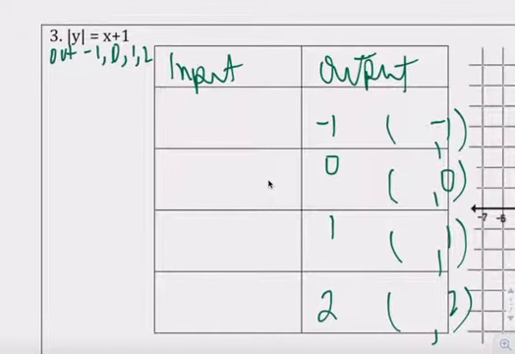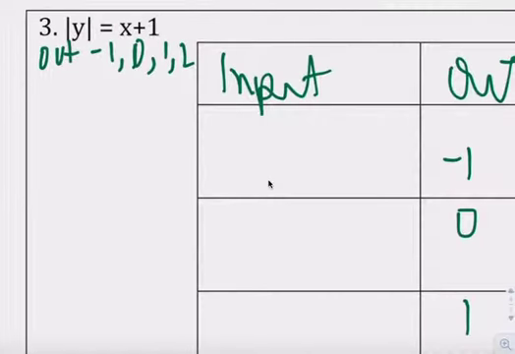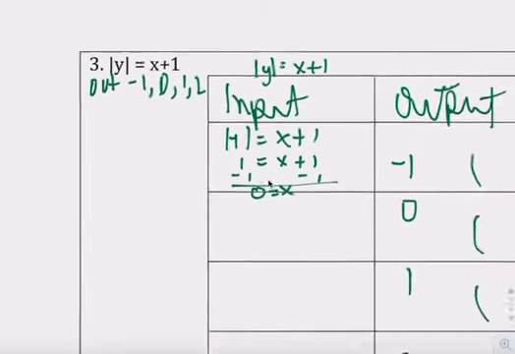In order to find the input, the output is, you got absolute value of y equals x plus 1. So your absolute value of -1 equals x plus 1. So it's 1 equals x plus 1, minus 1, minus 1. Your x is 0.